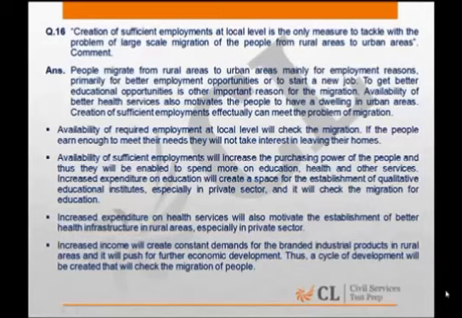So if the government introduces such a policy that they can get labor at their own place, whether they engage themselves in agricultural activities or any small scale industry, or any kind of industry which can be established in rural areas like sugar industry, they will not migrate. In that way, the MGNREGA program has brought some fruits. The MGNREGA program has stopped the seasonal migration. But still, we need to work more.